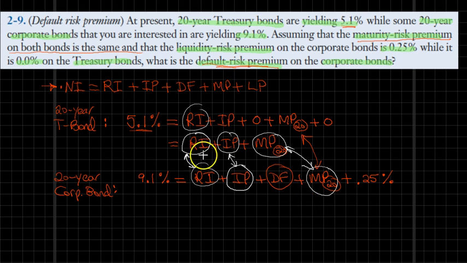So therefore, in our formula, I will replace the real risk-free interest rate plus the inflation risk premium plus the maturity premium with 5.1%.